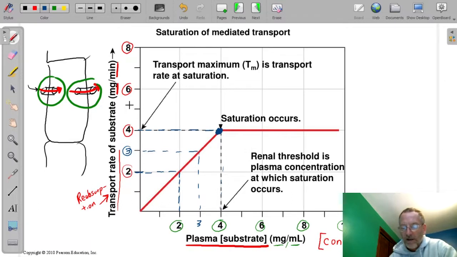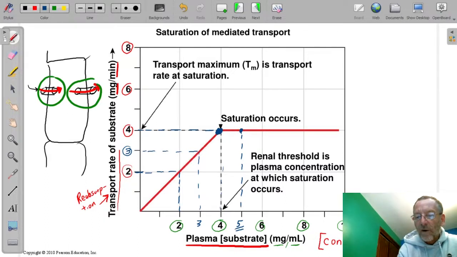What happens now if our plasma concentration, our plasma load, gets too high? Let's go to 5. If we have 5 milligrams per mil in the plasma, the little transporters on the cell membrane are already maxed out. They can't absorb any more than 4 milligrams per minute.